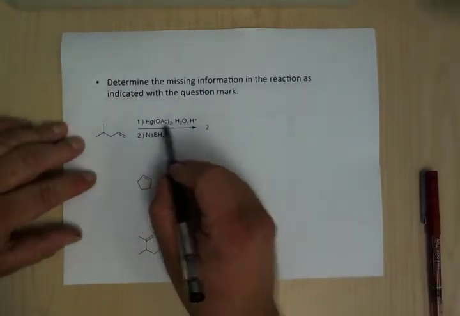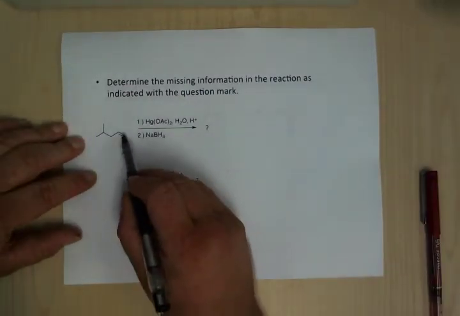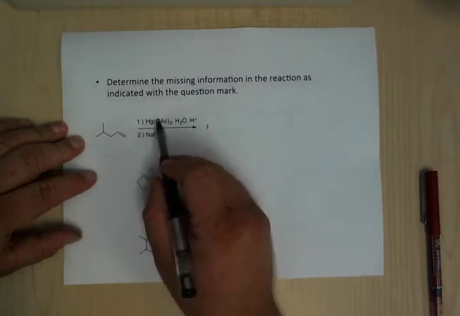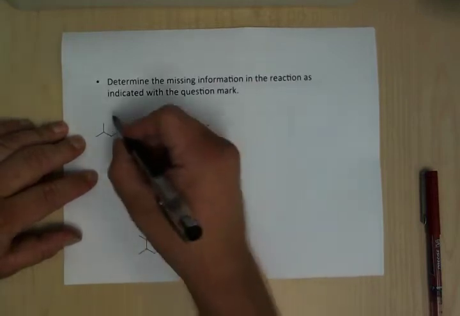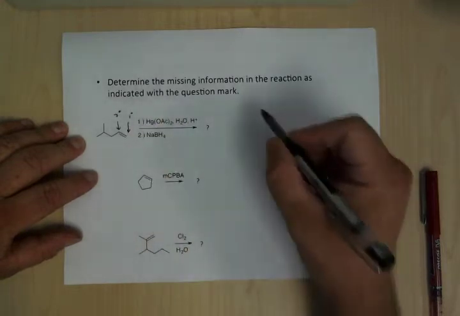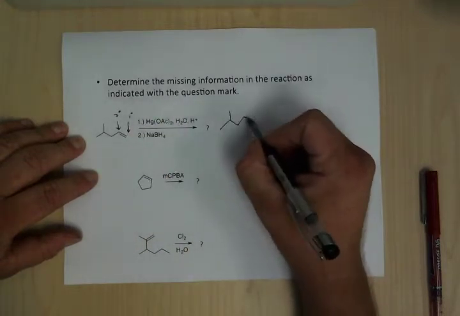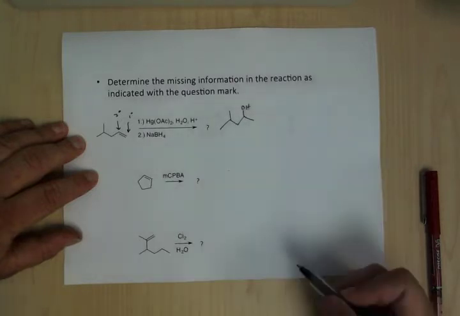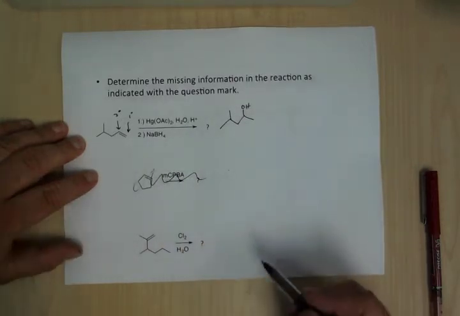Okay, so for this one here, this converts an alkene into an alcohol, but this one puts it on the higher numbered side, so this one is secondary, this is primary. So it's going to turn it into that. Don't worry about the MCPBA.